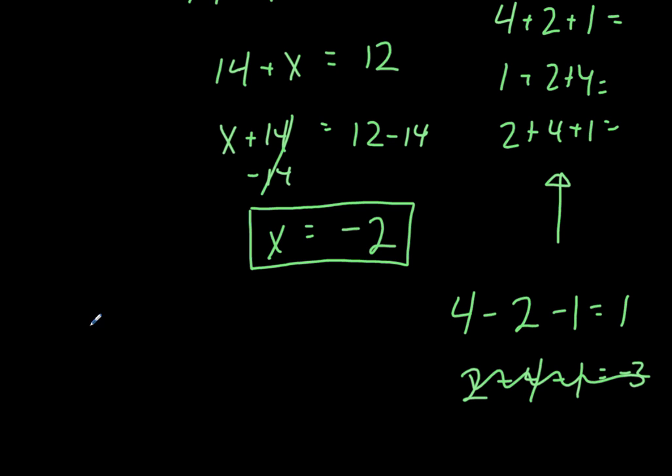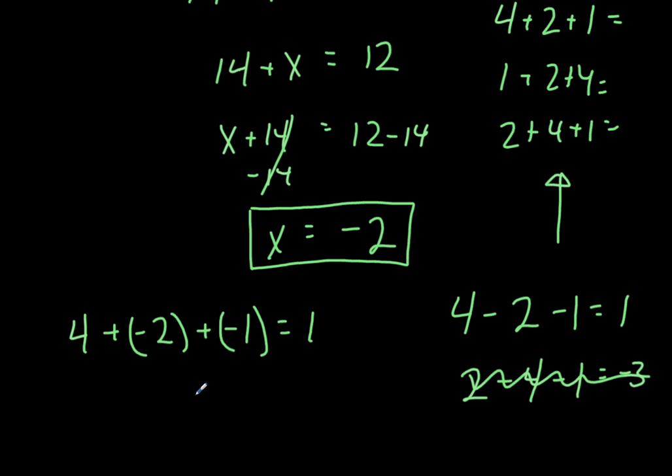What if instead of looking at this as subtracting, we looked at it as adding negative numbers together? Could we also say 4 plus negative 2 plus negative 1? What does that give us? Which equals 1. What if we changed the order of this?